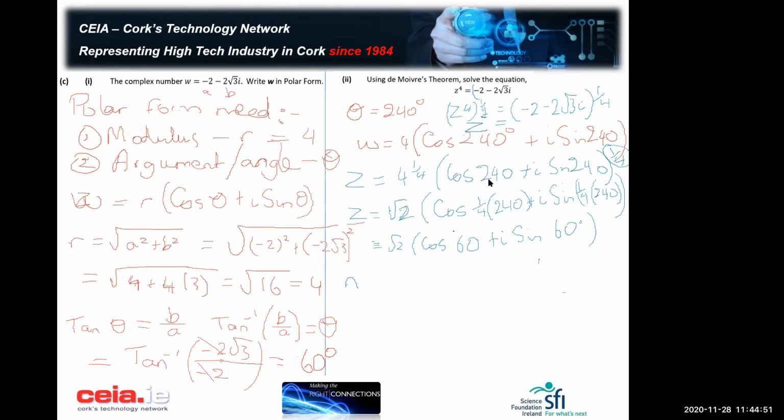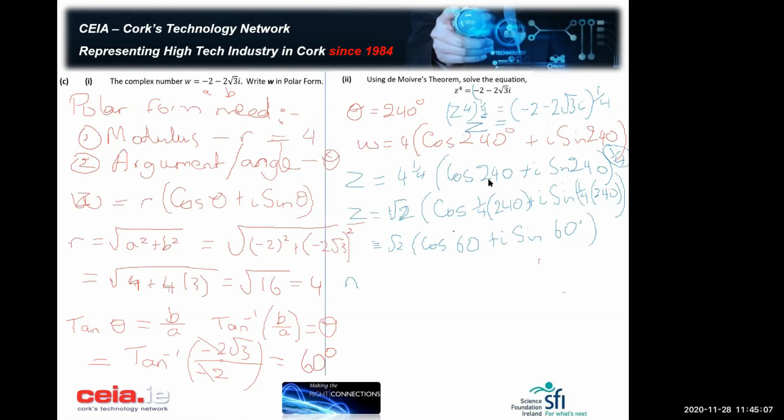N is the general form for finding the solutions. We use the general form when we're estimating the polar form and applying De Moivre's theorem.